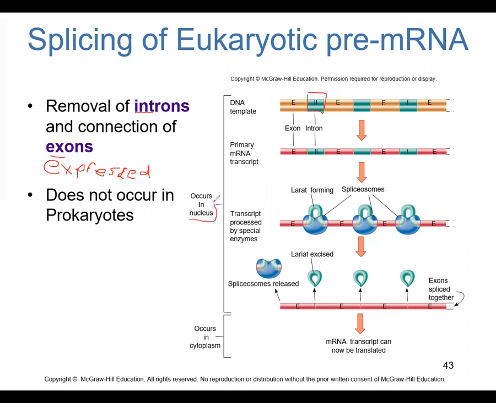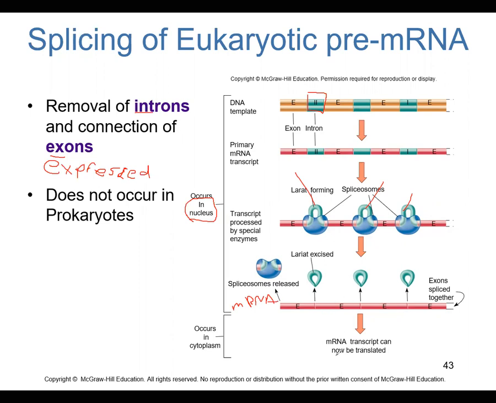And this is all occurring in the nucleus. It's very important there. There's a protein called a spliceosome that will go through and remove those introns, and it'll put the exons together. And this is the mRNA that gets translated into a protein.